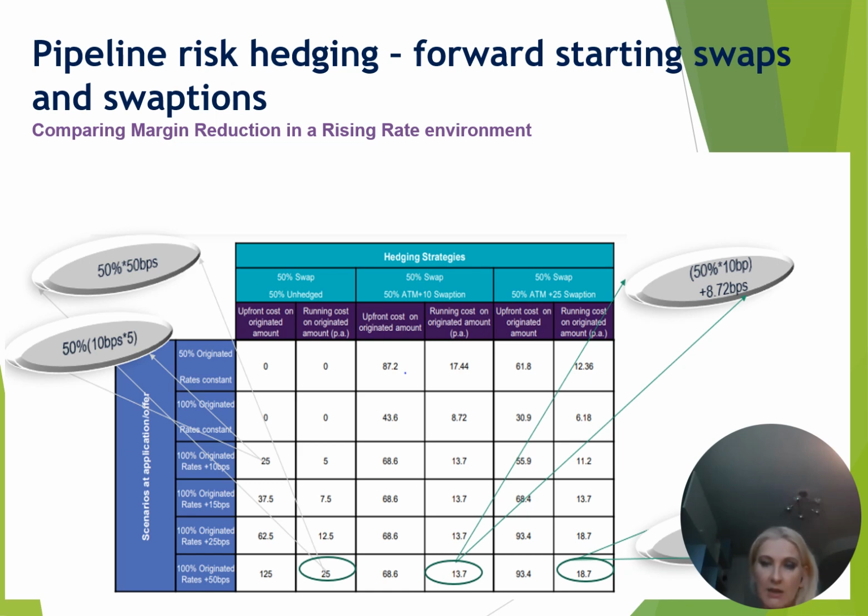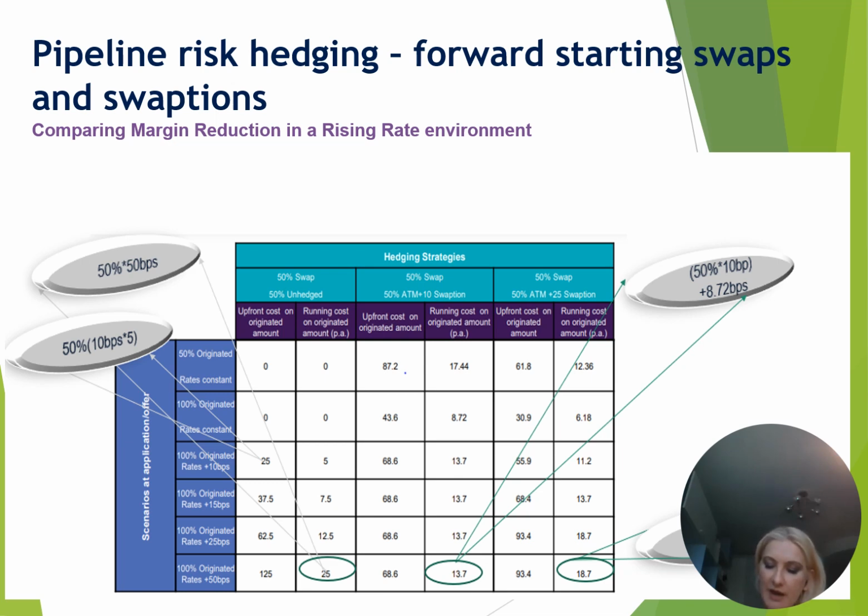This is what we said in our last video. We are aiming at pipeline hedging, and we assume that the time lag between the origination of the loan and the drawdown is 3 months. So this is also valid for this video.